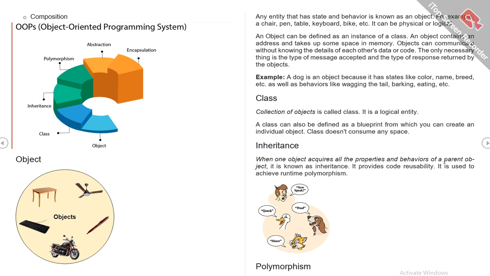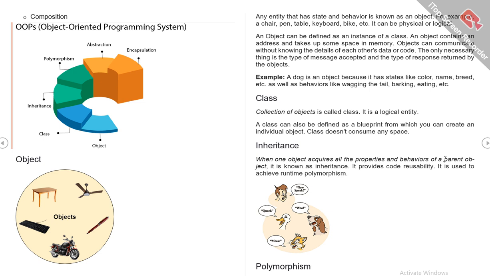So, objects. An entity that has a state and a behavior is known as an object. For example, a chair, pen, table, keyboard, bike, etc. It can be physical or logical. An object can be defined as an instance of a class. An object contains an address and takes up some space in memory.